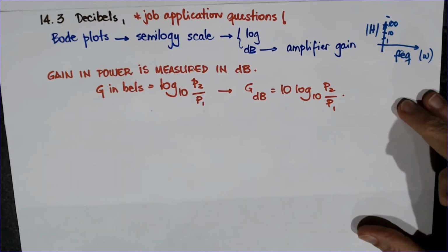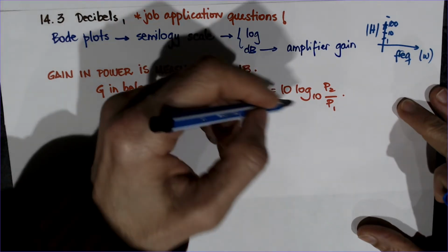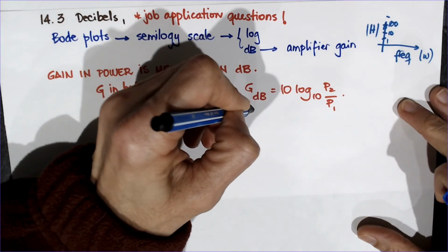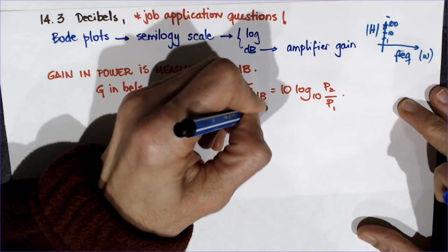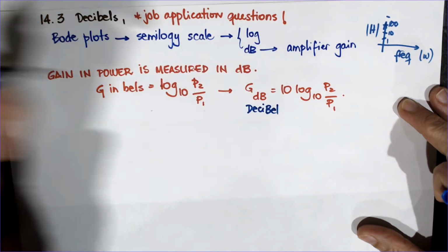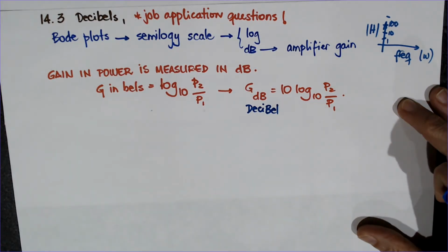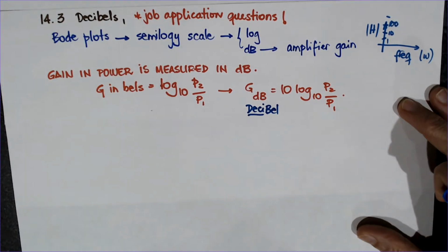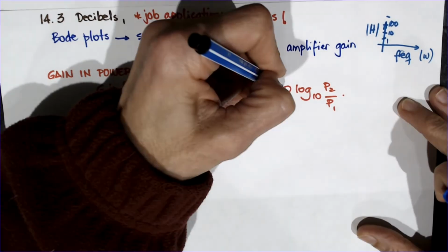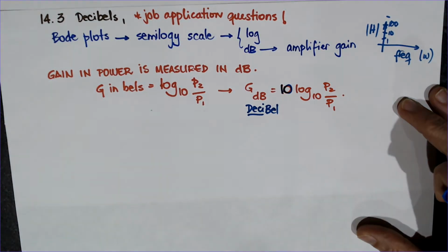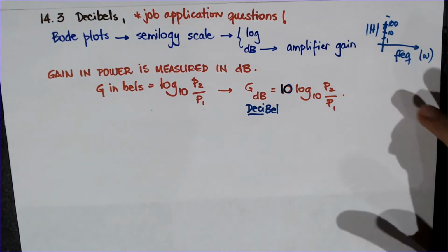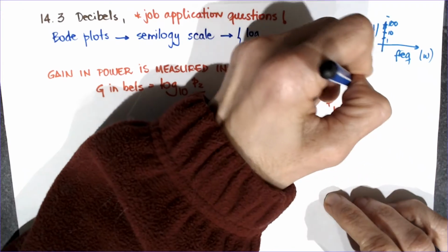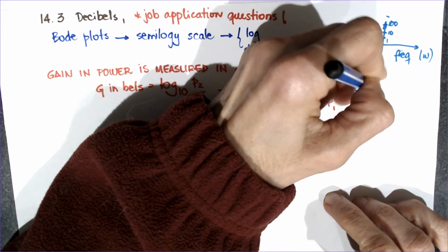So I think this is a typo in the book, actually. You can remember the word 10. So you multiply the log 10 by 10, and you're done. And then we call the dimension dB.